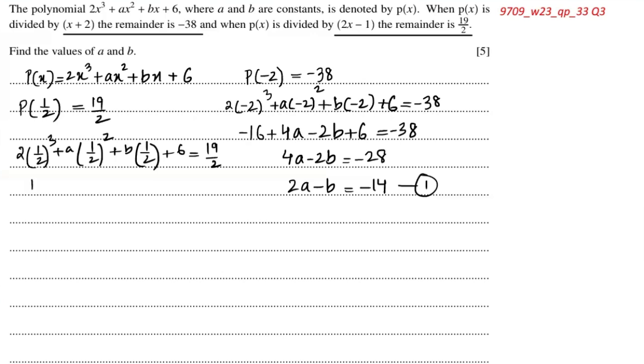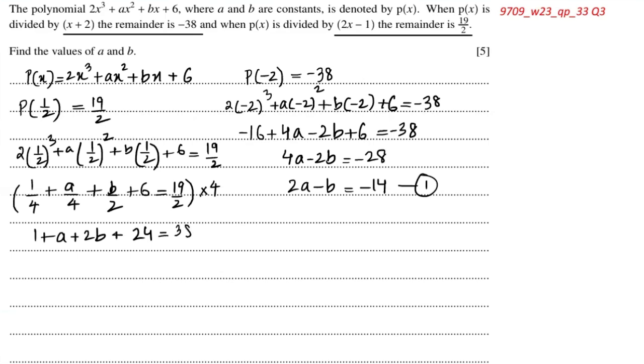Okay, so 1 over 4 plus a over 4 plus b over 2 and plus 6 equals 19 over 2. What if I multiply the whole equation by 4? This will be 1 plus a plus 2b plus 24 equals, so 19 double is 38.